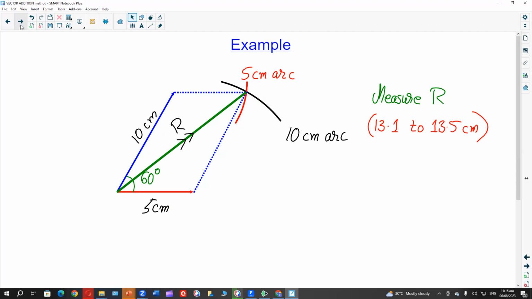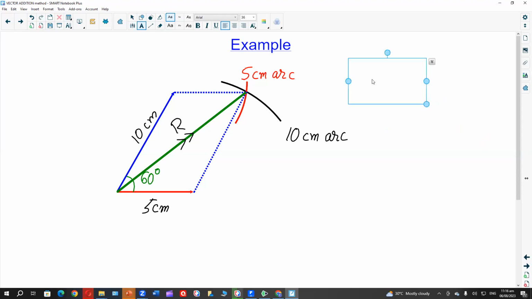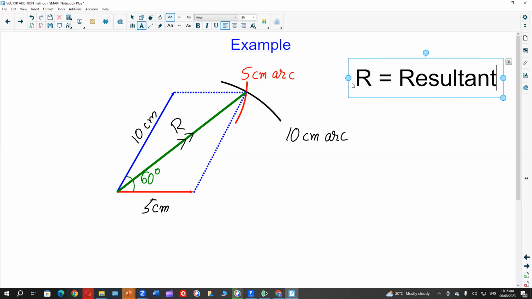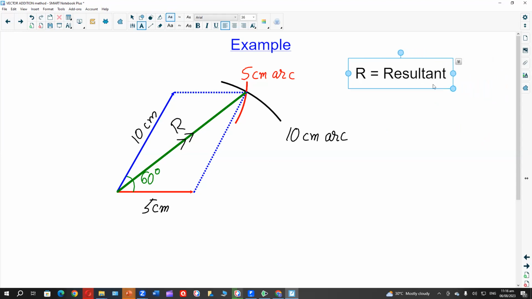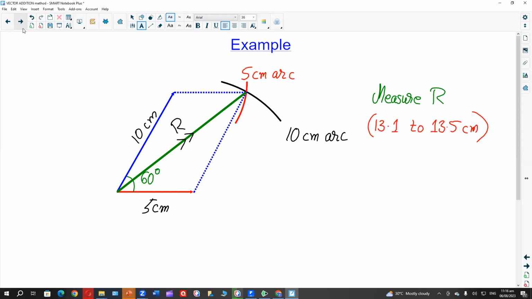And this is to measure the value of R. It's 13.5 centimeters, sir. I have a range 13.1 to 13.5. So that's coming in the range.